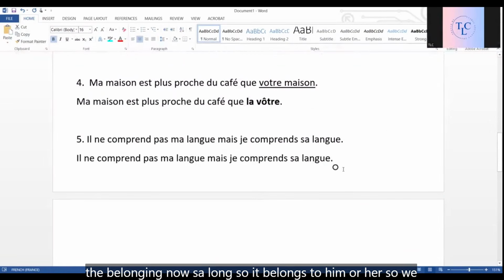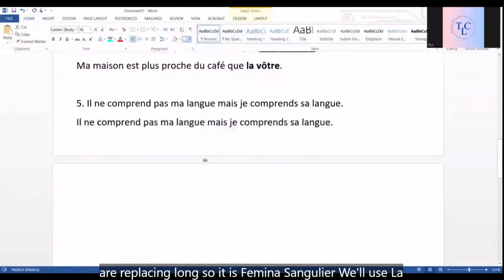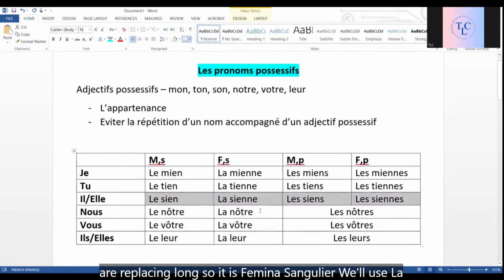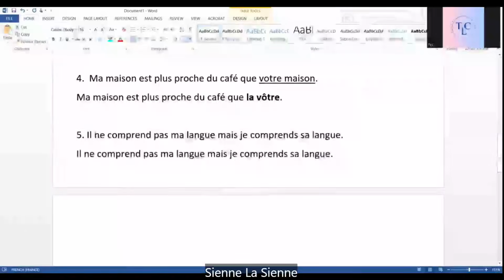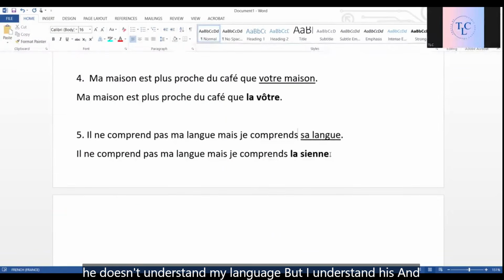Now, sa langue. So it belongs to him or her. So we have to use something from this row. Which one to use? We are replacing langue. So it is féminin singulier. We'll use la sienne. So he doesn't understand my language, but I understand his.